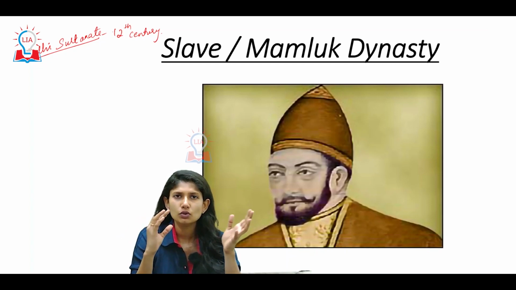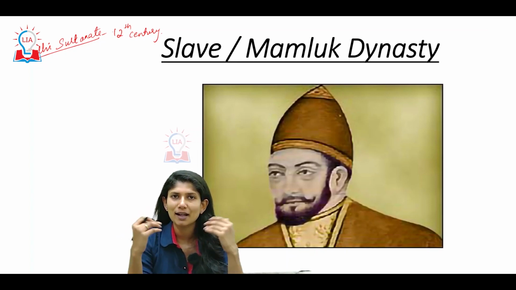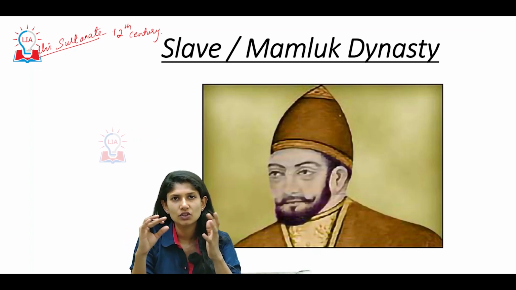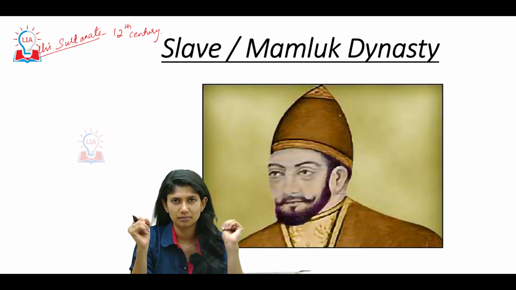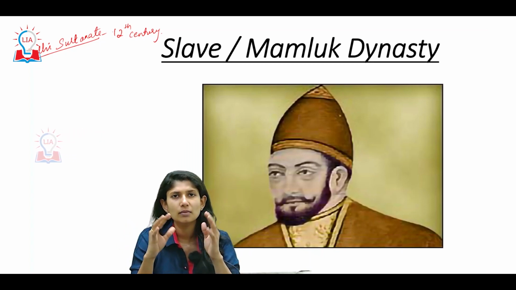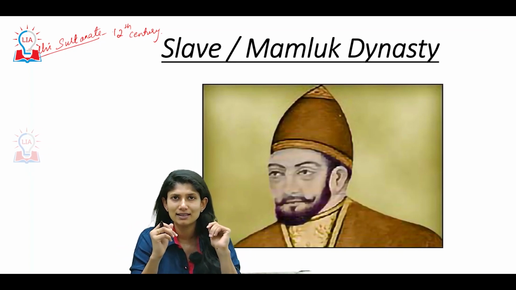Those groups of people who came in started establishing their dynasties in India. The dynasties which came in were five in number. They were all consecutive ones. Together we will put them in one slab called the Delhi Sultanate.